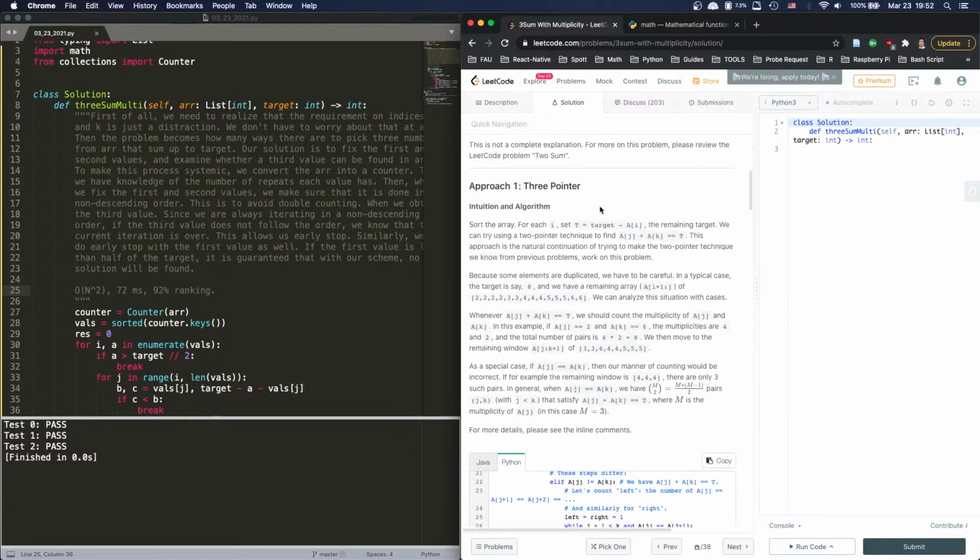All right, let's see. What's the first one? 3 pointers. Like I already said, it doesn't matter on the order. We can sort it, and we have 3 pointers. Basically, have the first one, second one, and third one.